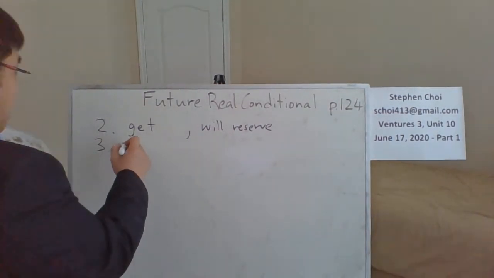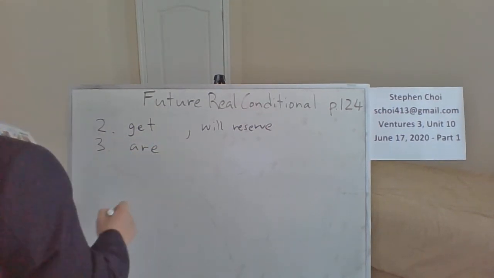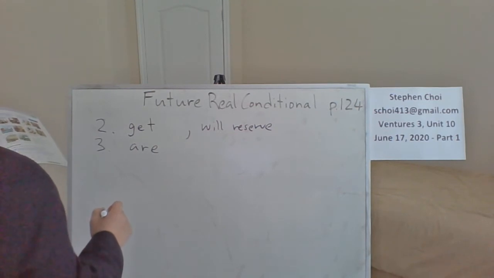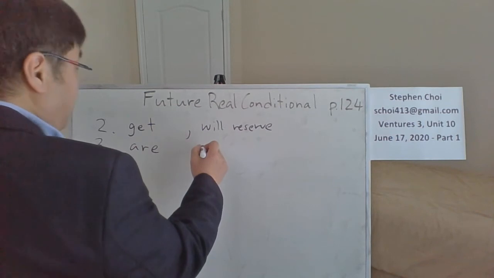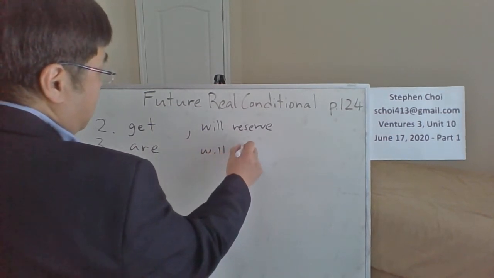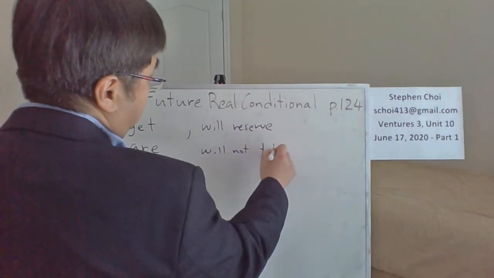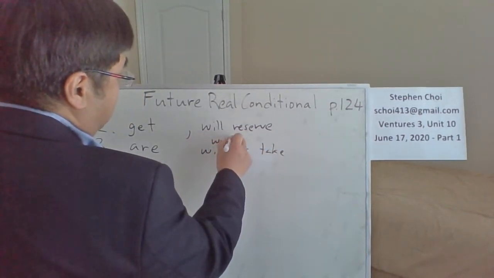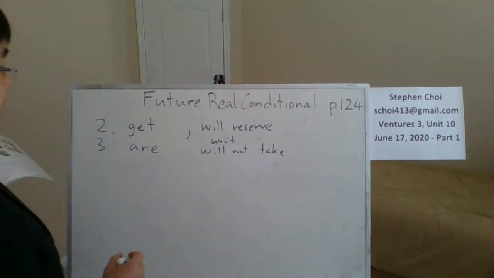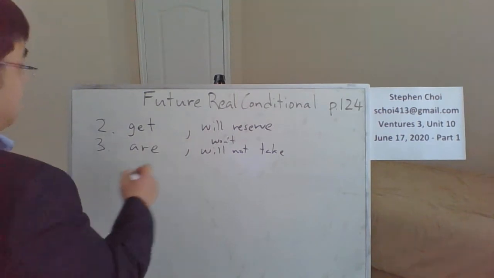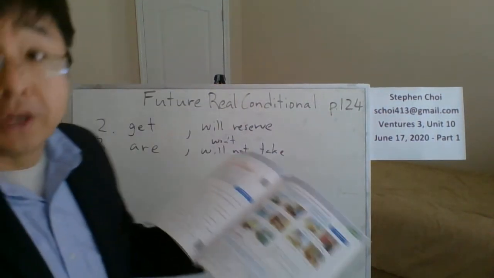If prices are, it's more than one price. If prices are too high, they will not, or they won't, take an expensive vacation. Now, do you want to put a comma or not? Yes, you want to put a comma again because it begins with the dependent clause or the conditional clause, right?